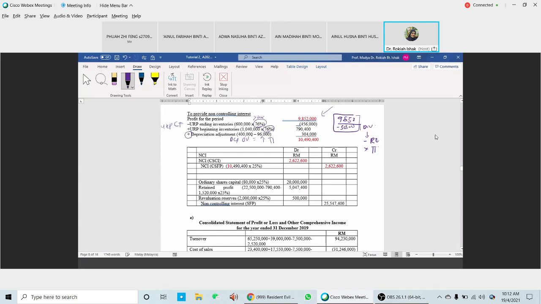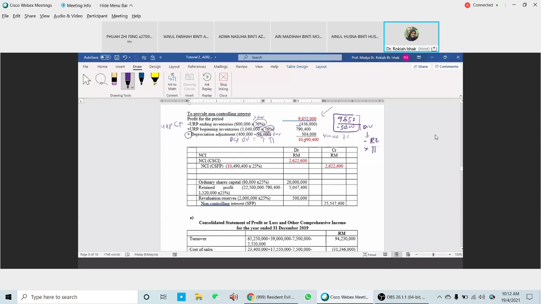The amount of depreciation over-provided is 400, which also needs to be net after tax: 400 times 0.76, so you have 304.